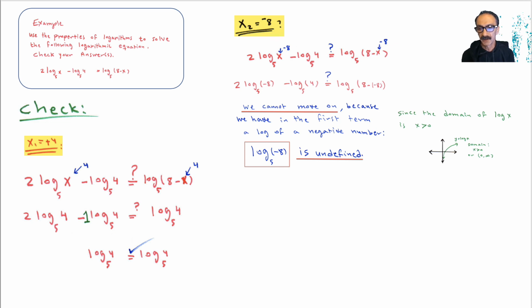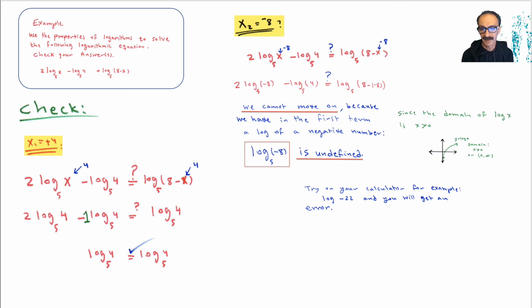If you graph it, the log is the inverse of exponential functions. It goes only to the right, of course, if it's not shifted. As you could see, the domain is x greater than 0. It only lives to the right side of the y-axis. You cannot plug in negative 8.